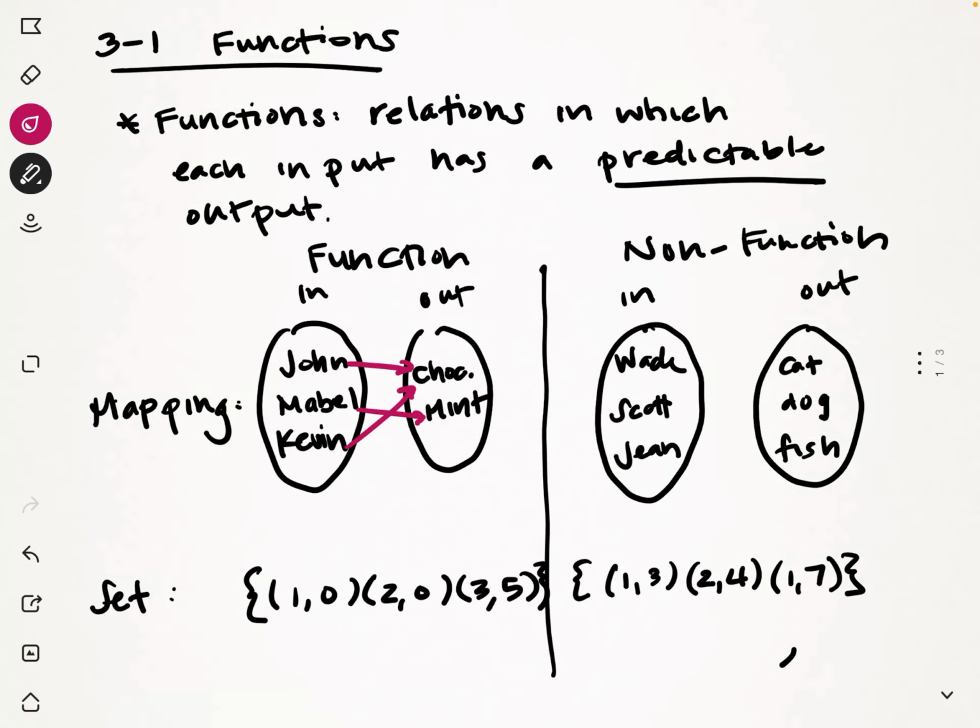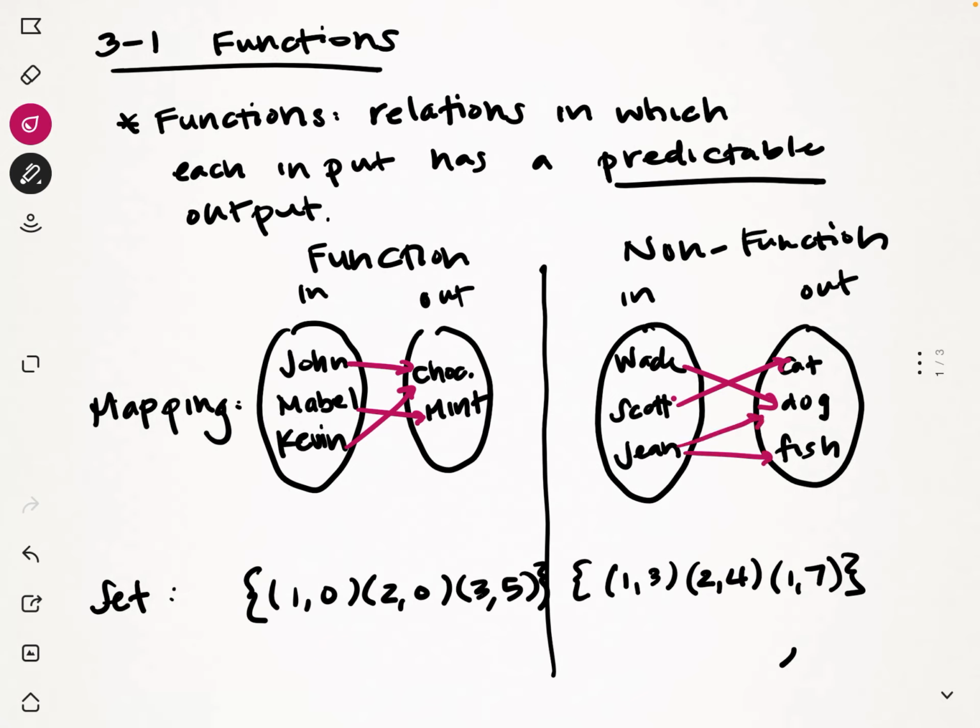So let's look at this example. Let's say this is a relation between the people on the left-hand side, Wade, Scott, and Jean, and the right-hand side is the types of pets they own. Let's say Wade owns a dog, and Scott owns a cat. So far, so good, right? Wade goes to dog, Scott goes to cat. Now let's say Jean, though, has a fish and a dog.